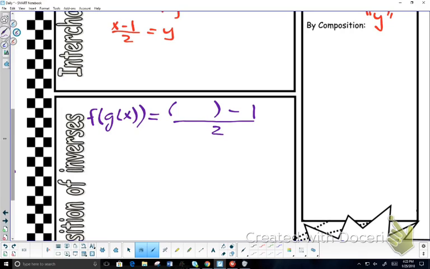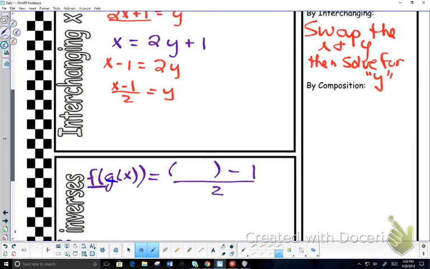Keeping in mind when I'm doing a composition, my outside function, which in this case is f, is on the outside. Everywhere there's an x, I'm going to put parentheses. So now my inside function, which is g, I'm going to put on the inside, and that function was 2x plus 1.